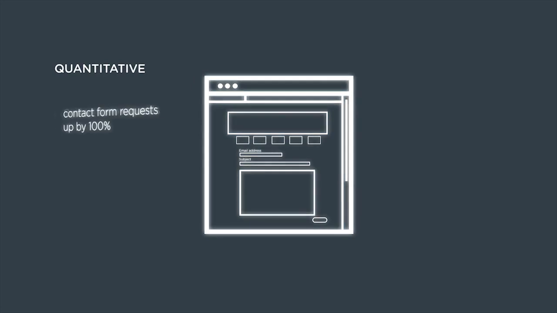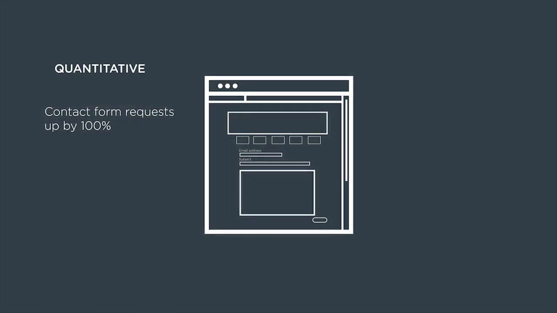Here's another example. Let's say your business has a contact page on its site, and over the past month, the number of requests coming in for help have doubled. On the quantitative side, it's data that tells you that something is going on, and really you can only make assumptions about why. Perhaps traffic has increased, leading to more users on the site?